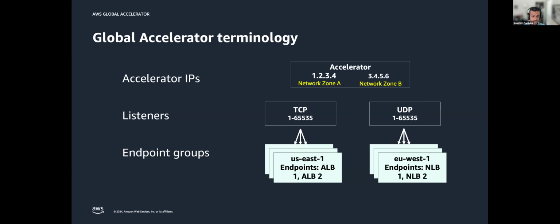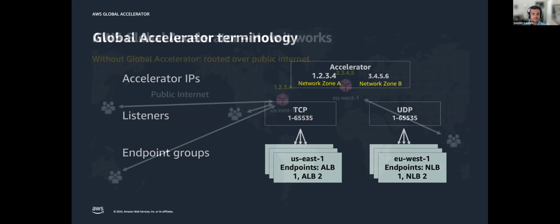And like we went back to the global availability topic, you can have one endpoint like an ALB and a set of ALBs in US East 1, for example, and then a set of NLBs in EU West. So you can split these endpoints into endpoint groups and configure them in multiple availability zones or regions.